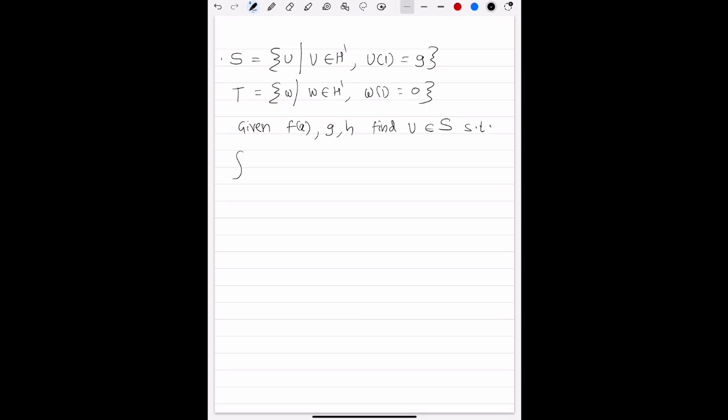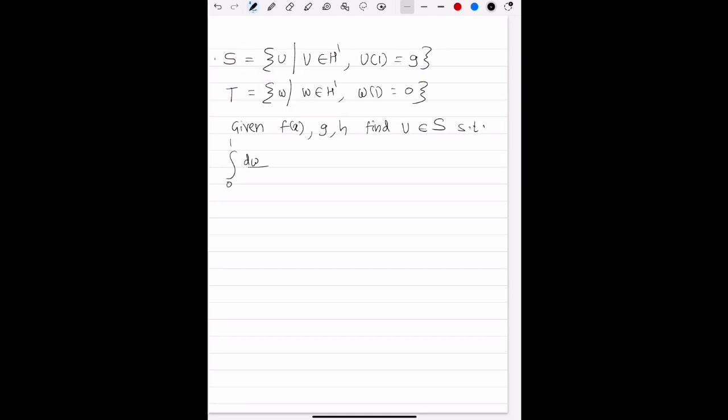The equation is given by integral 0 to 1 dw by dx du by dx is equal to integral 0 to 1 w f dx plus w of 0 times h.